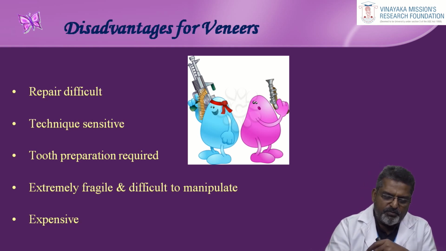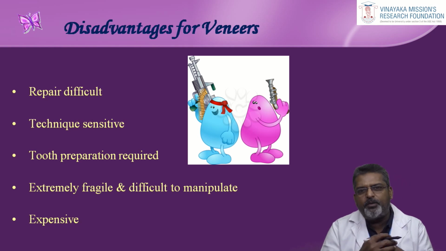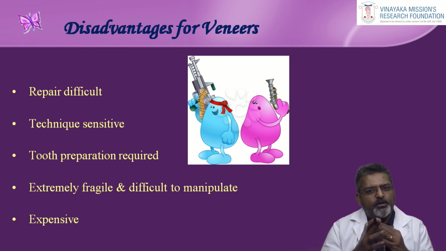So, next is tooth preparation required. Obviously, when you do conservative preparation, that is well and fine, but still the preparation has to be done. You are going to damage your natural tooth. So that is always a disadvantage. Permanently the patient has to have the veneers.